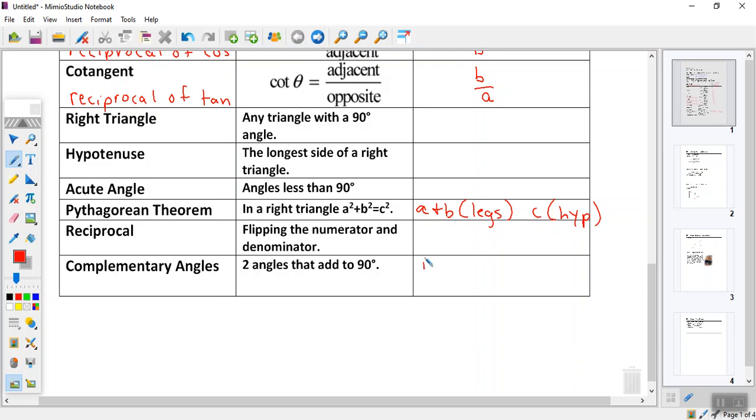So I'm going to say this: in a right triangle, the two acute angles add up to 90 degrees.